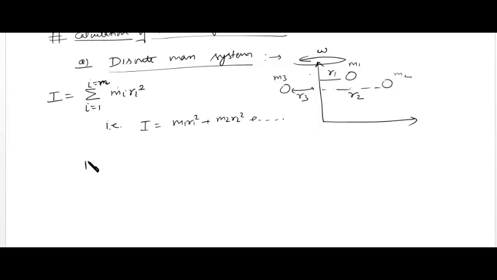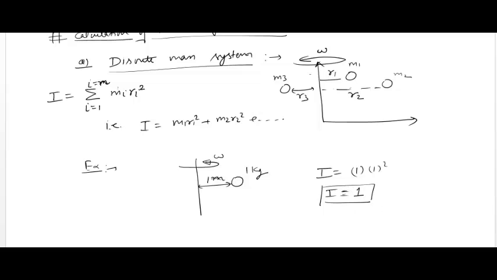So if I ask you what will be the moment of inertia of a 1 kg object at a distance of 1 meter from this axis, rotating about this axis, then you'll say it is mass into radius square, that is 1 kg m square, and I is equal to 1 for this system.